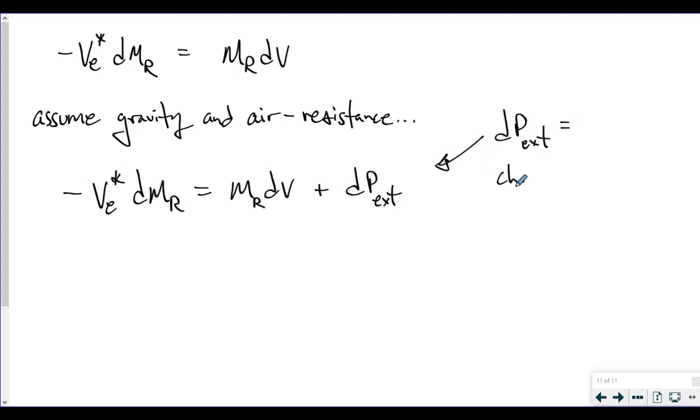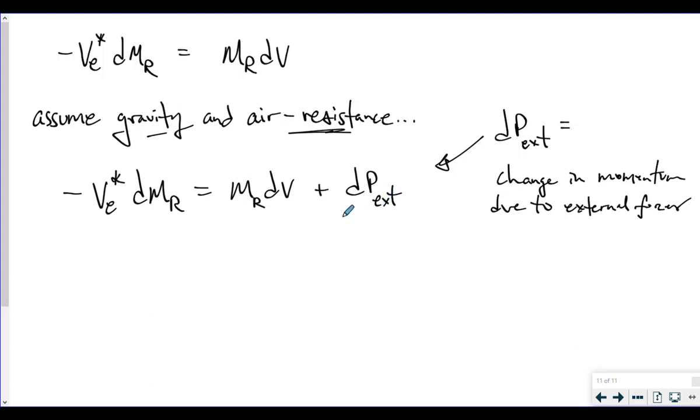So this dp is some change in momentum in the system due to external forces, which will be gravity and air resistance. Well, these are all terms whose units we can describe as units of momentum, right? This is some mass times velocity, that's momentum. This is mass and velocity, momentum, and this is a term that represents some change in momentum.